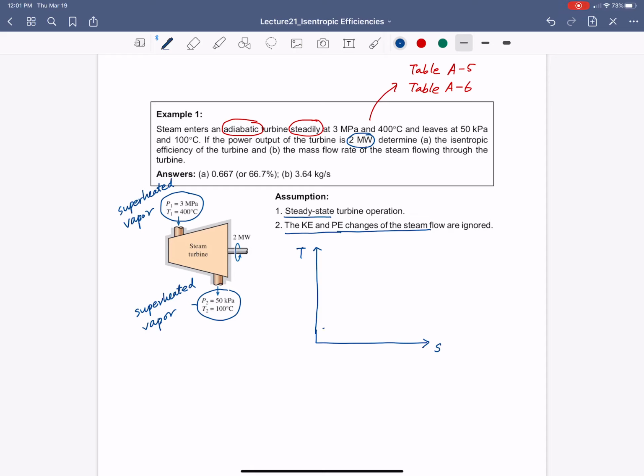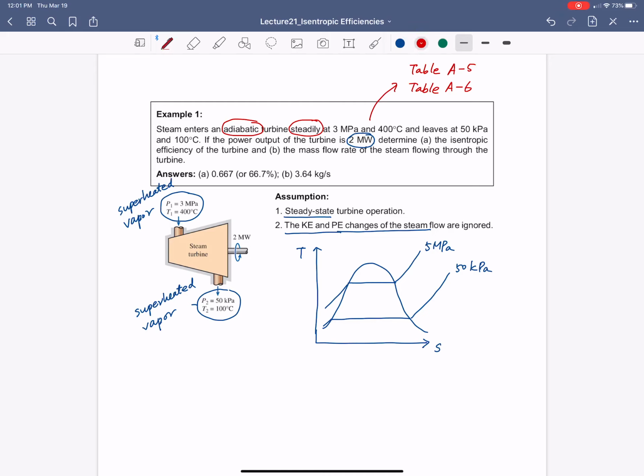Let me draw the saturation dome first. Then we have two constant pressure curves, one at 5 megapascal and the other at 50 kilopascal.